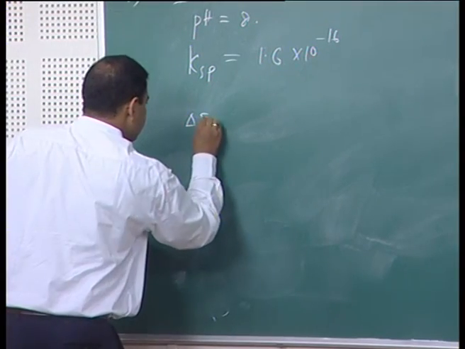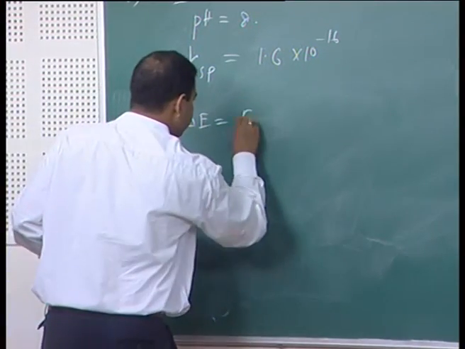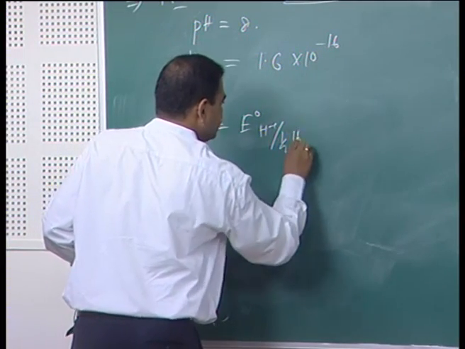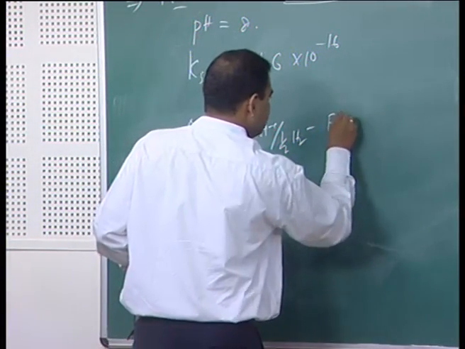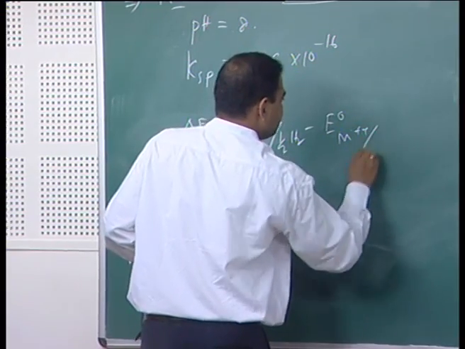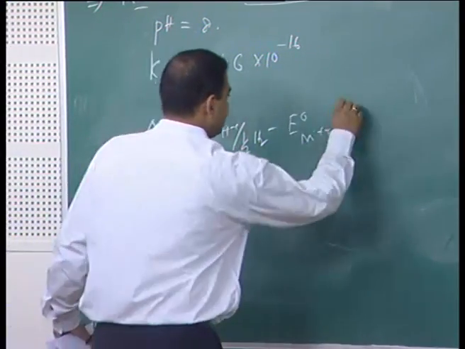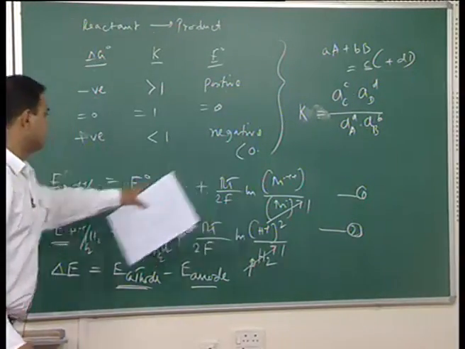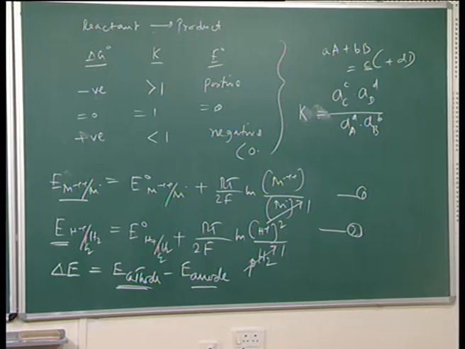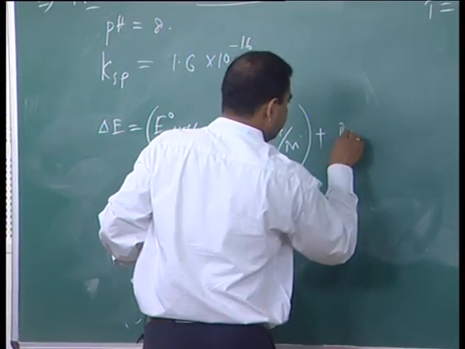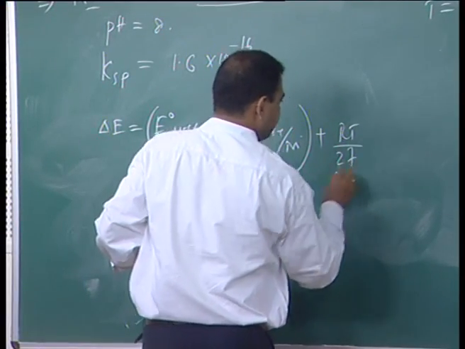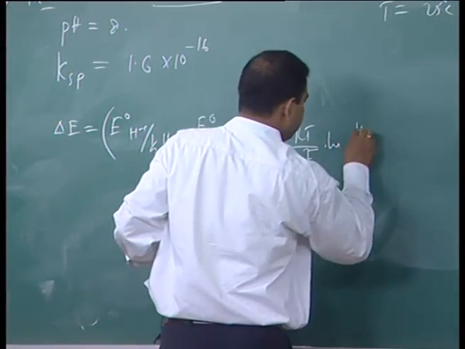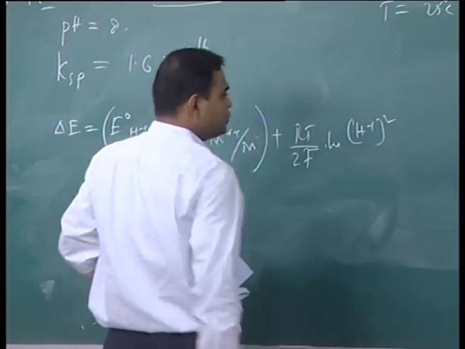So delta E equals E0 H plus half H2 minus E0 Ni plus Ni, simply equation 2 minus equation 1, plus RT over 2F ln H plus whole squared.